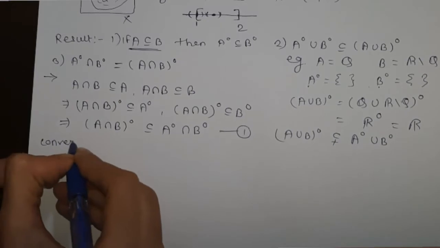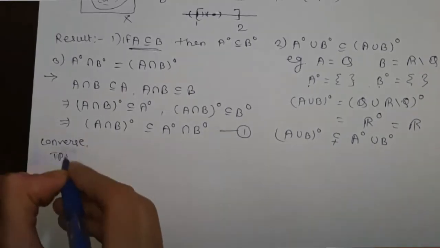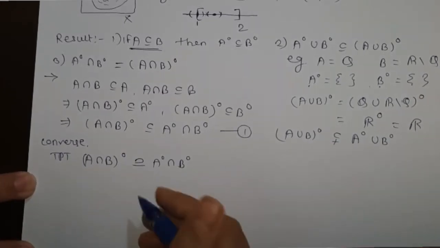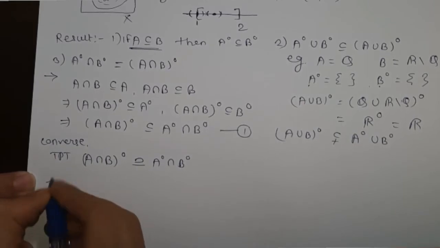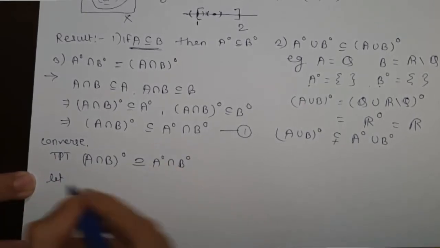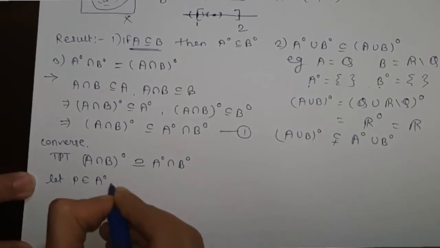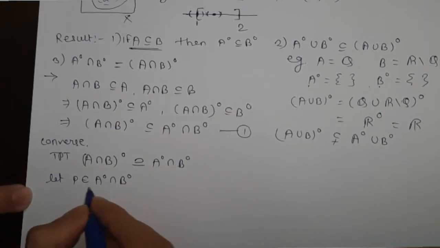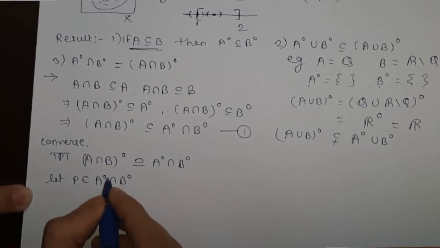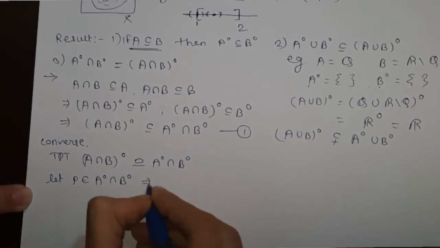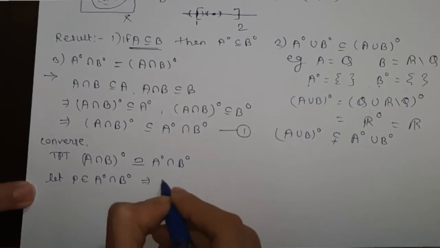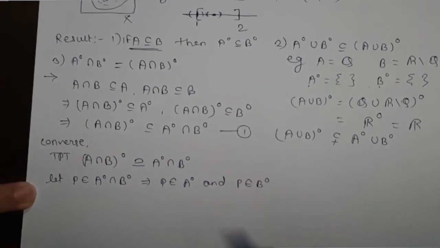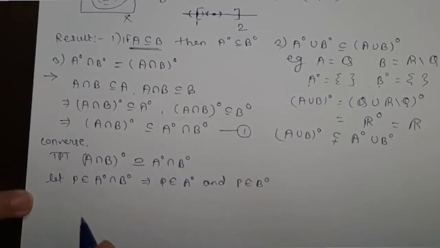Now for the converse, how do we prove it? We have to prove that A interior intersection B interior is a subset of the interior of A intersection B. We take one point from this set. Suppose P belongs to A interior intersection B interior, which means P belongs to A interior and also to B interior. Now we apply the definition of interior.